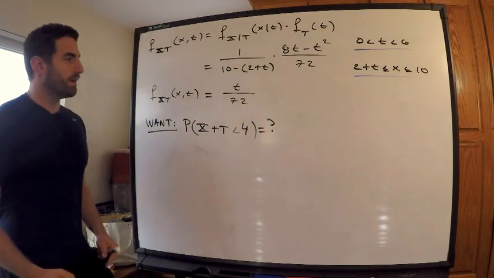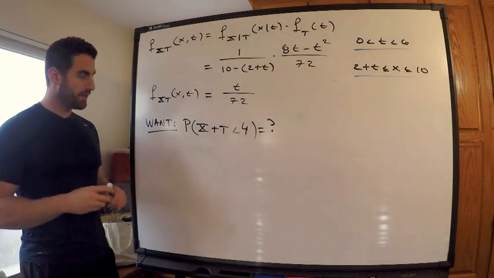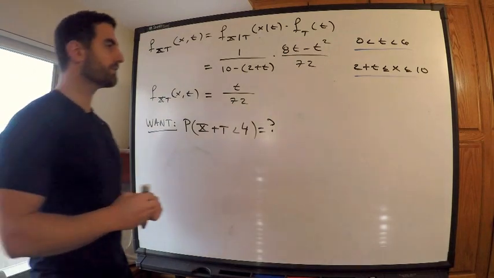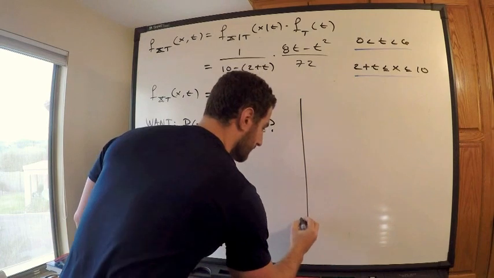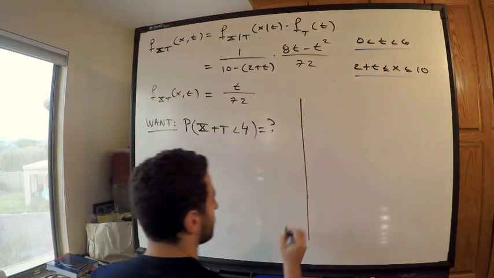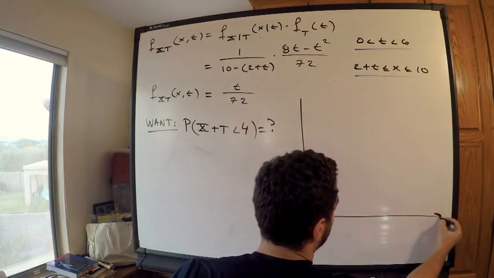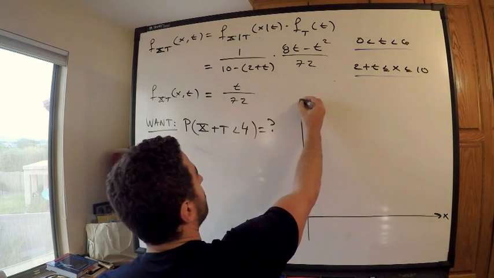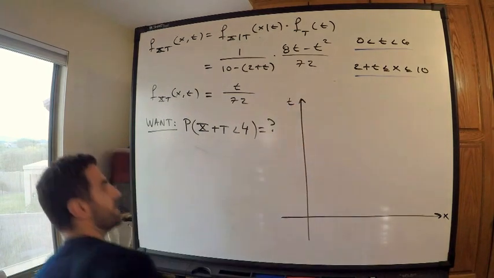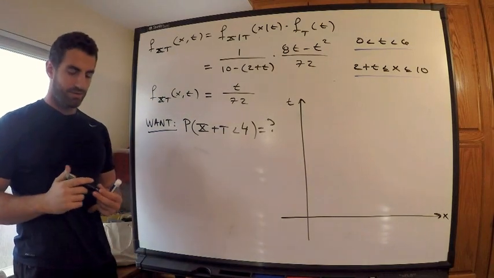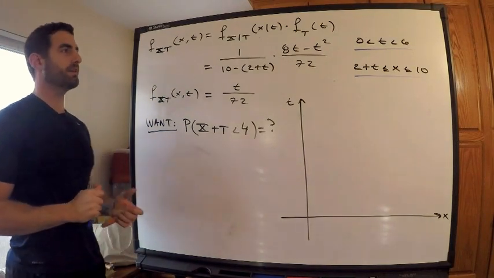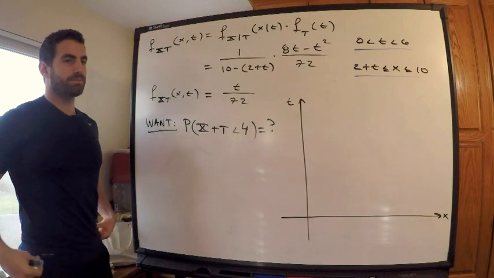So let me draw a picture, and let's see what we can do. Okay, so here is my picture. My picture here is not going to be to scale. Doesn't really matter as long as you get intersection points and things like that drawn correctly.